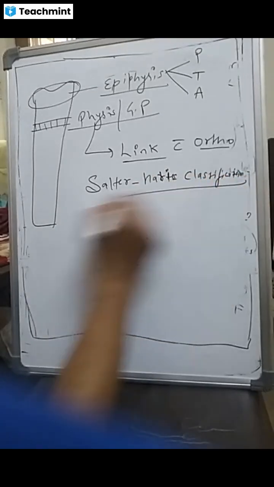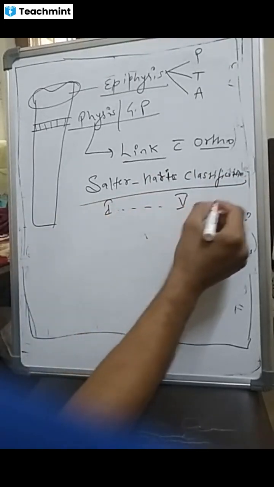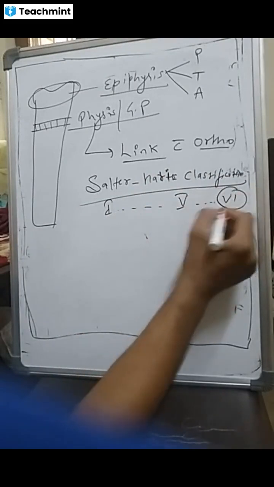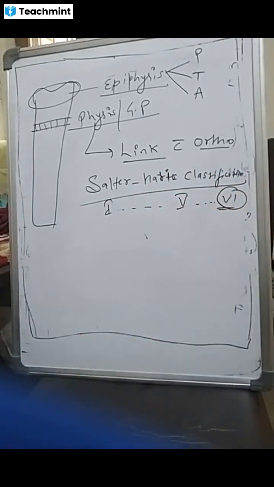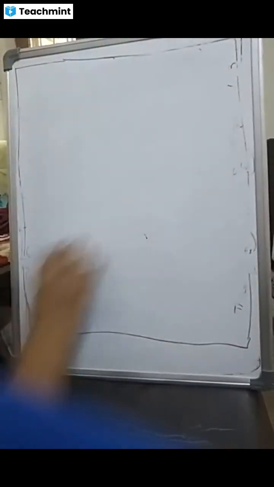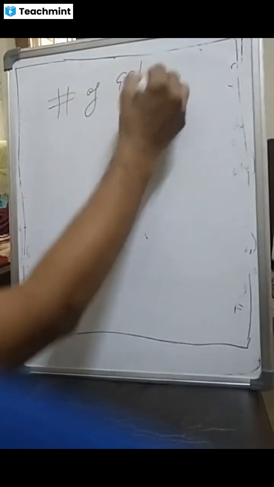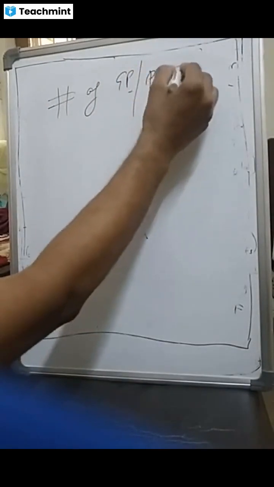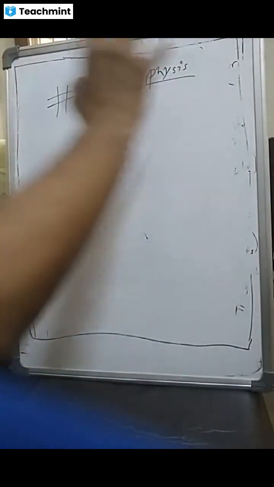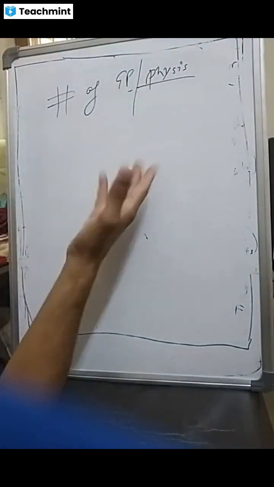Classically that is types 1 to 5, but recently type 6 has also been made. So what is the Salter-Harris classification? It concerns fracture of your growth plate, fracture of your physis, where not only the physis, in some types part of the metaphysis is also involved.